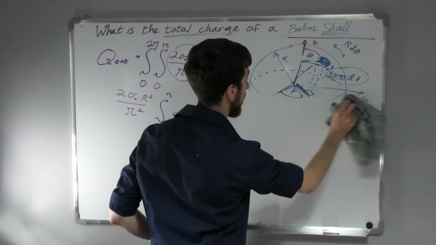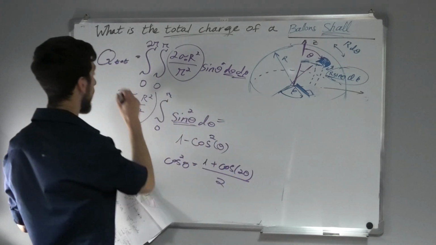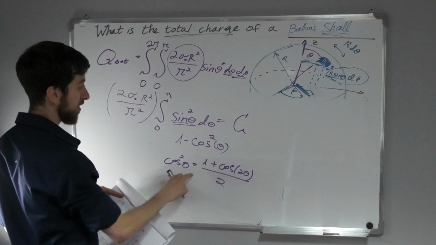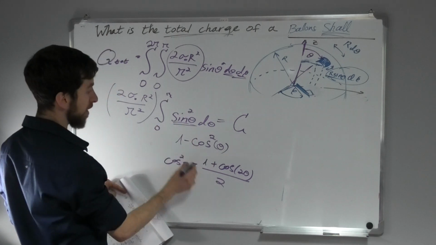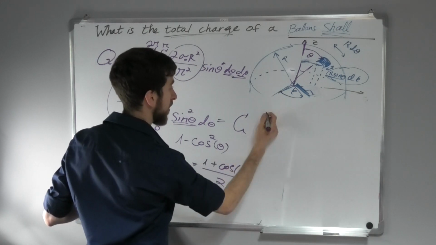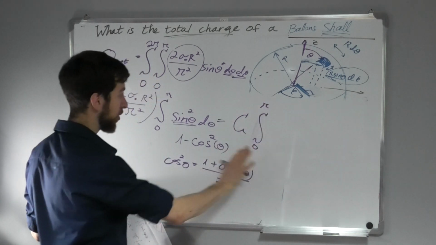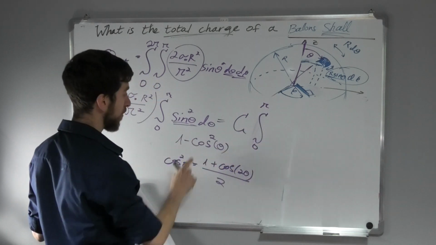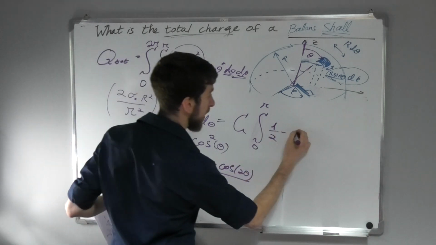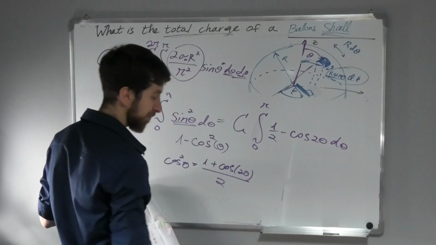So I'm going to eventually do this, and I have the integral. I'm going to call all these constants just c, and then I'm going to put them in at the end. So what I have here is 1 minus that. So I'm going to have here the integral from 0 to pi. I didn't change any variables. So 1 minus, half minus cosine 2 theta over 2, right?